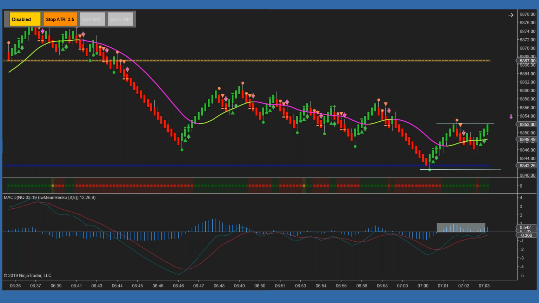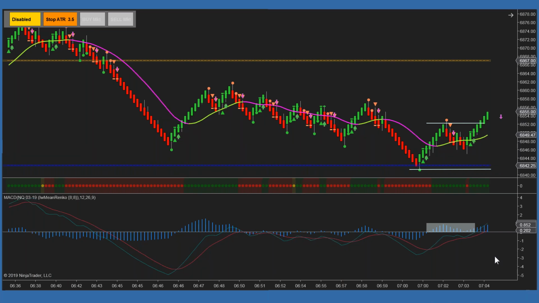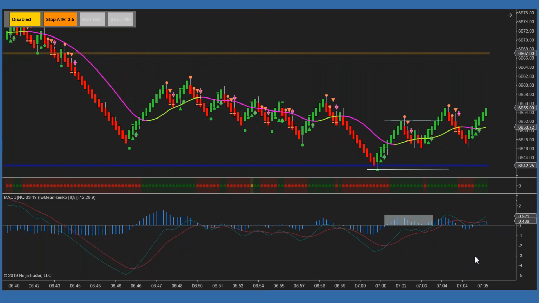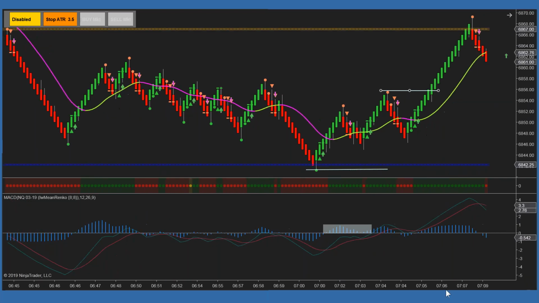That's where the extreme high is. And the market breaks and you get a second chance at it with your second push entry now, and away you go. So that worked out pretty well. Let's see what else we can do.